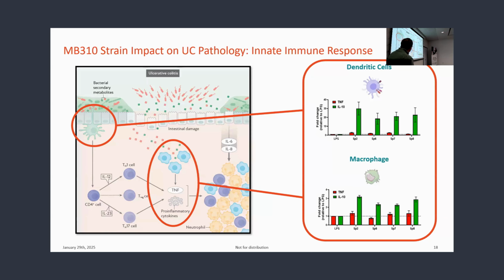You can see here that some of our strains actually promote the production of IL-10 to a much larger extent than TNF in both dendritic cells and macrophages, meaning that these strains are skewing dendritic cells and macrophages towards a more anti-inflammatory profile and program.